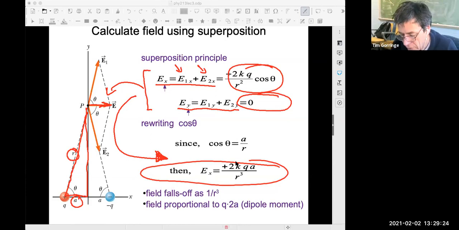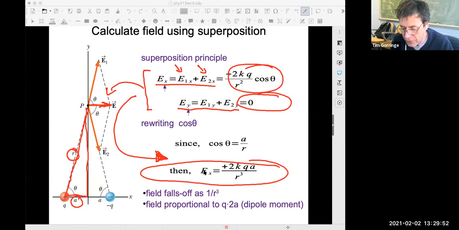The field of this arrangement of charge, a positive and negative charge, like a water molecule, positive and negative ends. That field drops off, not as 1 over r squared, not as 1 over the square of the distance from a positive charge, or 1 over the square of the distance from a negative charge. It drops off much more quickly. It drops off as 1 over r cubed.